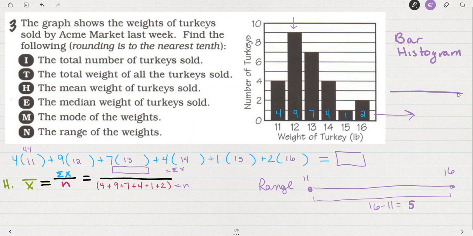Also, the bars in a histogram could have a range, so I could have called this first class 11 and 12, and then it would have had a total of 13. And then the next class would be the 13 to 14 pound turkeys, and then the last class would have been the 3 tall, and it's the 15 to 16 pound turkeys. So if it were a histogram, it could have looked a little bit different.